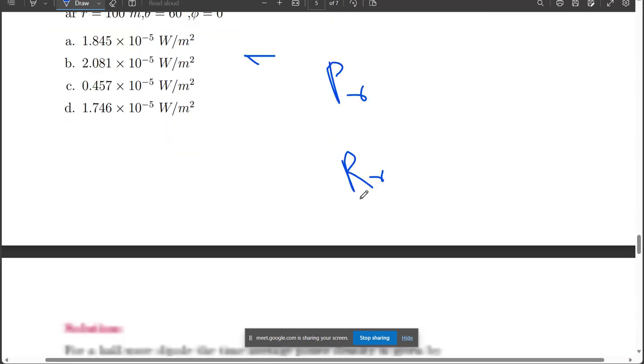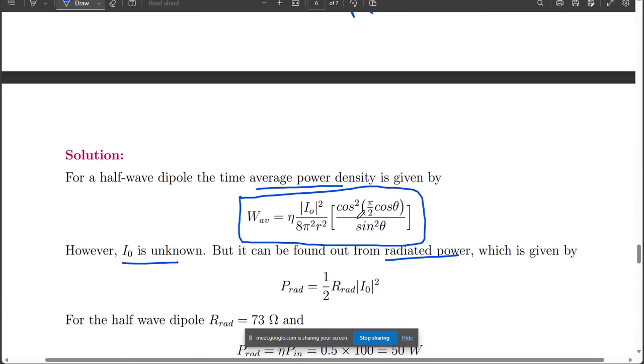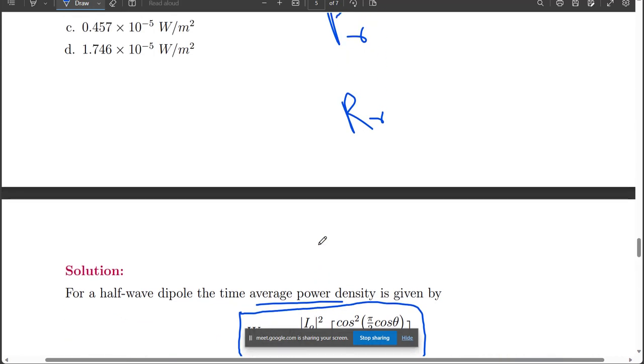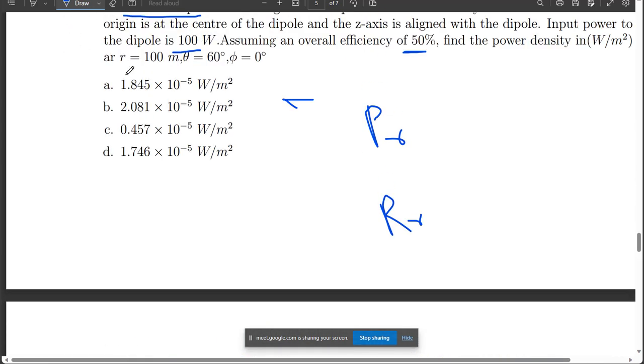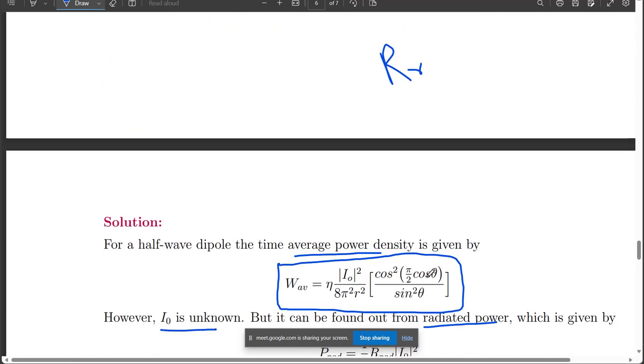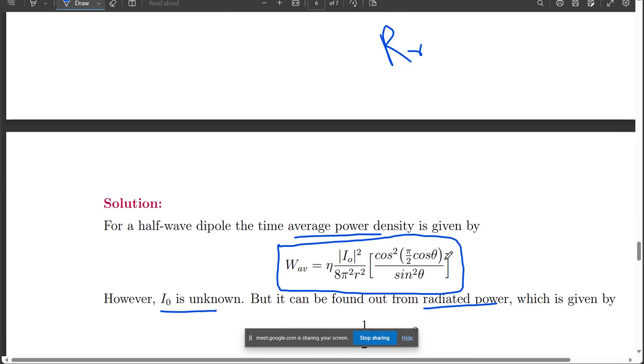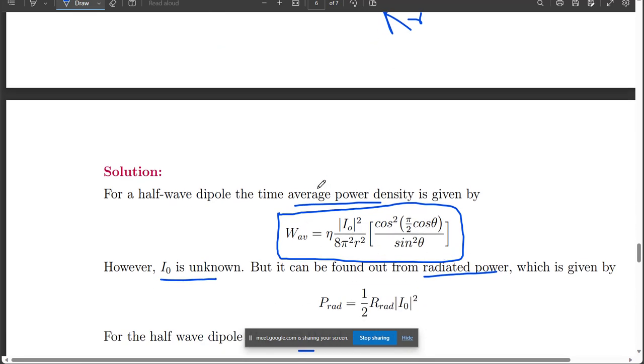Put that in this formula and you will find I naught. Once you find I naught, put it here. You know all the other terms: r square equals 100 meters whole square, theta equals 60 degrees, phi equals 0 degrees. You will be able to find WAV.